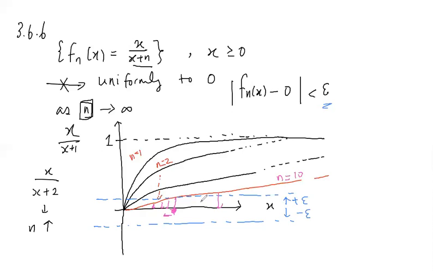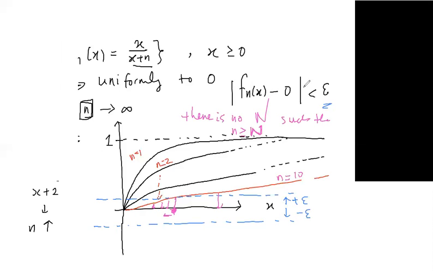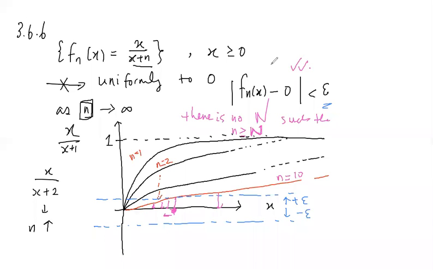The point is that you cannot find such an n, so there is no n such that when your index exceeds this n, you will have this condition being true. You can see that all of them will violate.